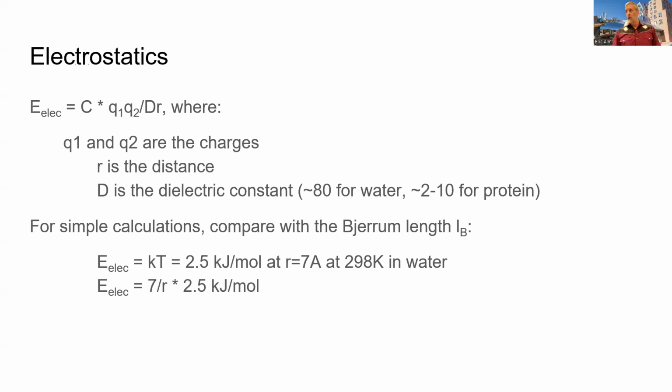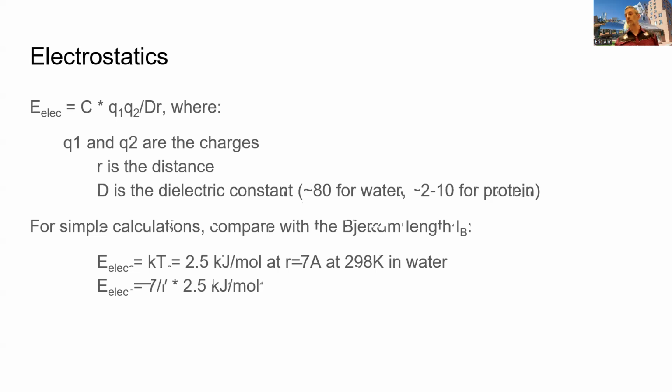electrostatics. At this point, probably you have all seen Coulomb's law. Coulomb's law just says that the energy of two charged particles interacting is related to some constant times the amount of charge on each of those particles.